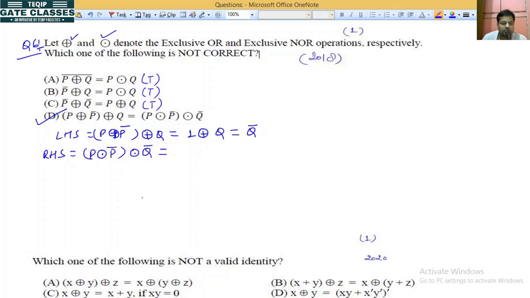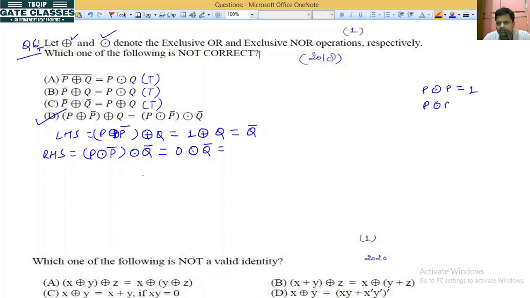So what will be the value? P bar XNOR Q bar. If it is 0 then it is 1, if it is 1 then it is 0. Both are different. When both are different, output will be 0. We know that P XNOR P is 1.